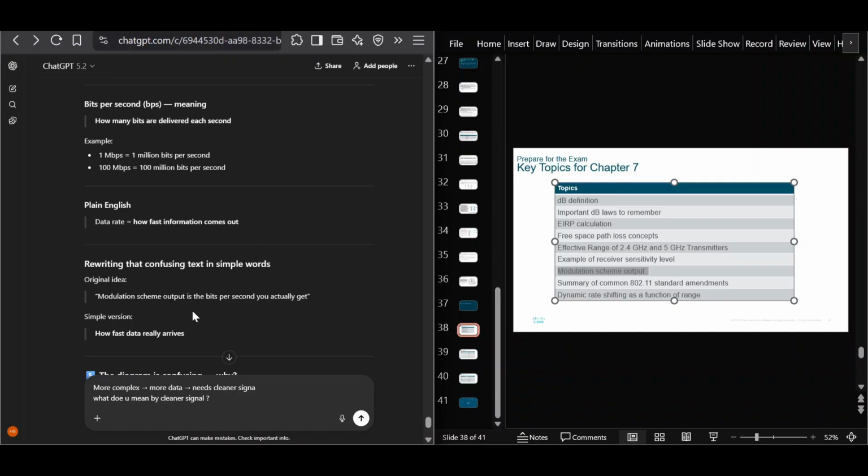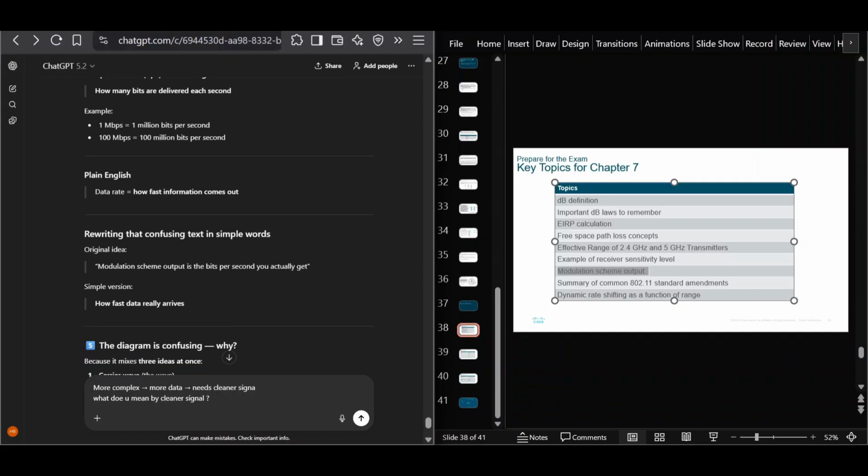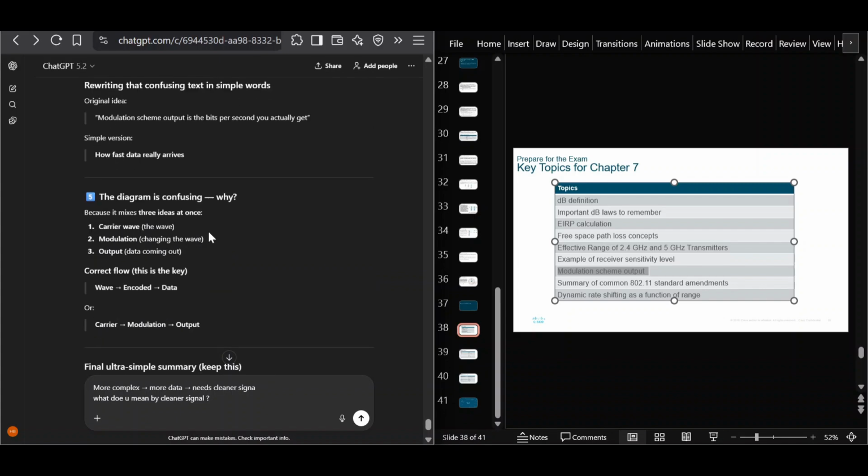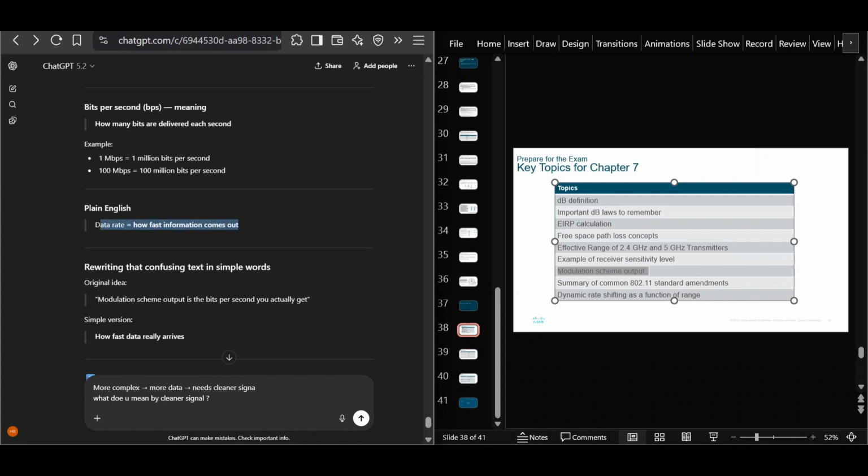Modulation scheme determines how fast the data really arrives.